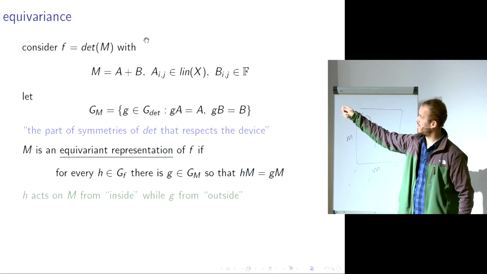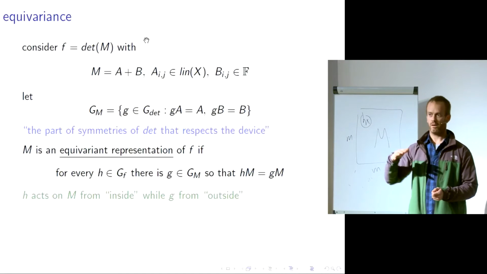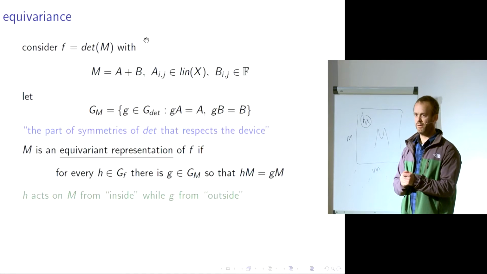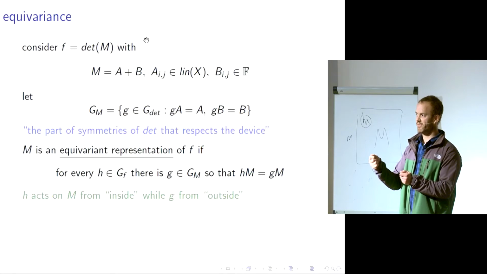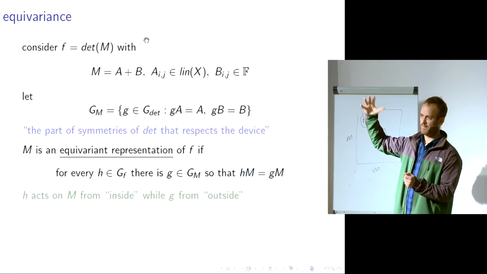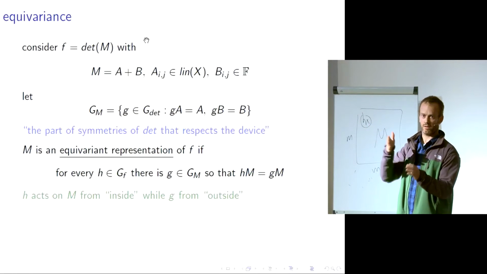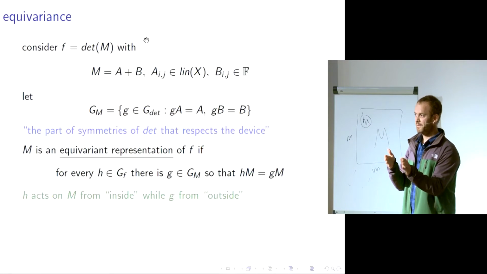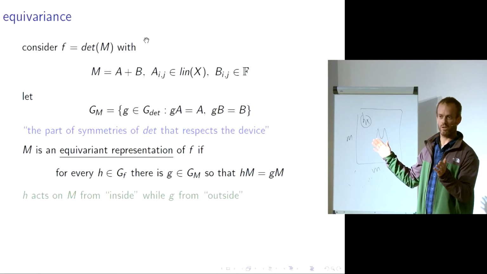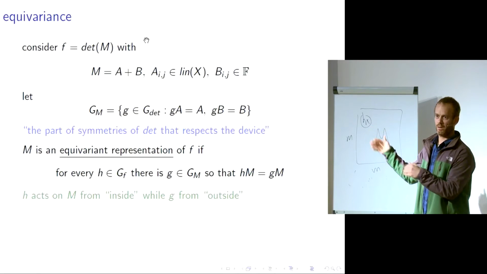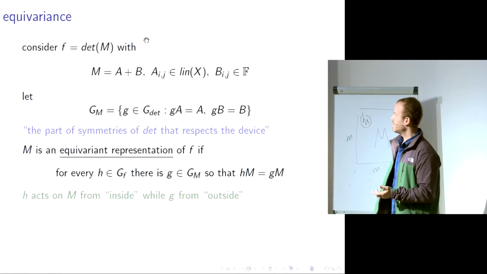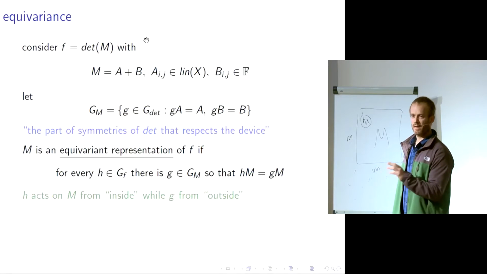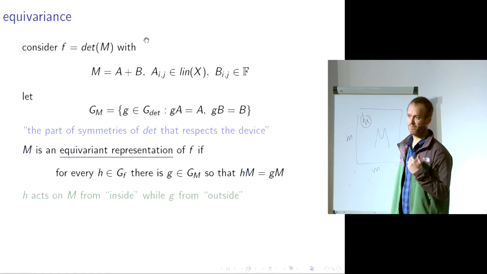So H of M is from the inside, G of M is from the outside, and we want that for everything that fixes F that can act from the inside, there is a thing that fixes the determinant and acts from the outside that is the same. So it's a very abstract definition. We will see an example. I think it's very abstract, and the example, I think, is very convincing, at least for me.